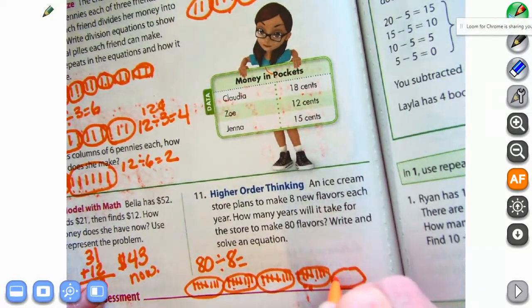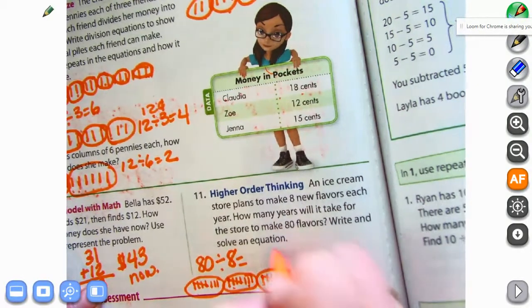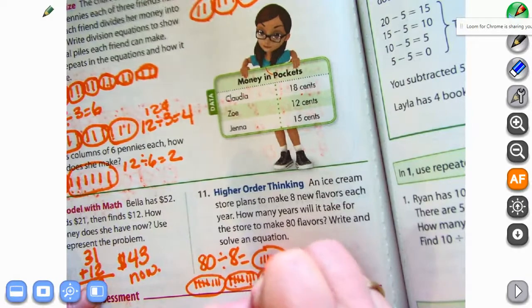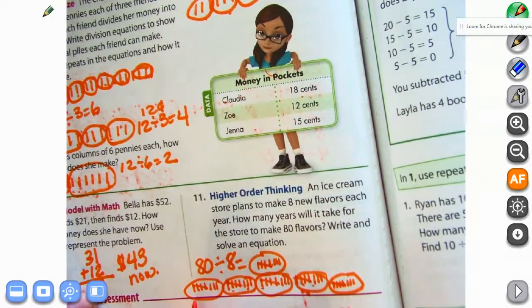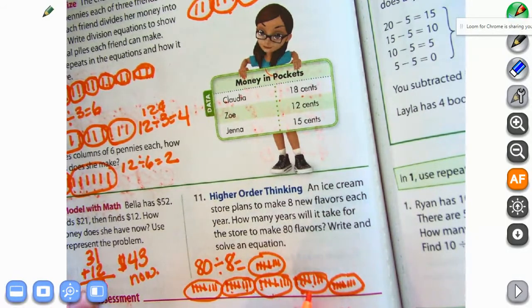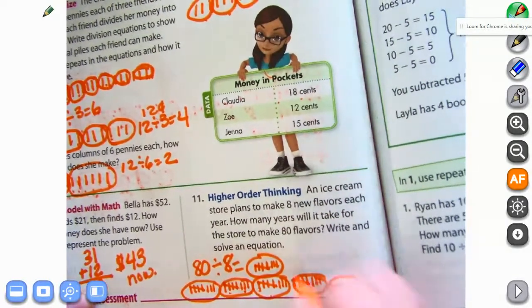We got to go to 80. More groups of 8. So that's 8, 16, 24, 32, 40, 48. Got to keep going.